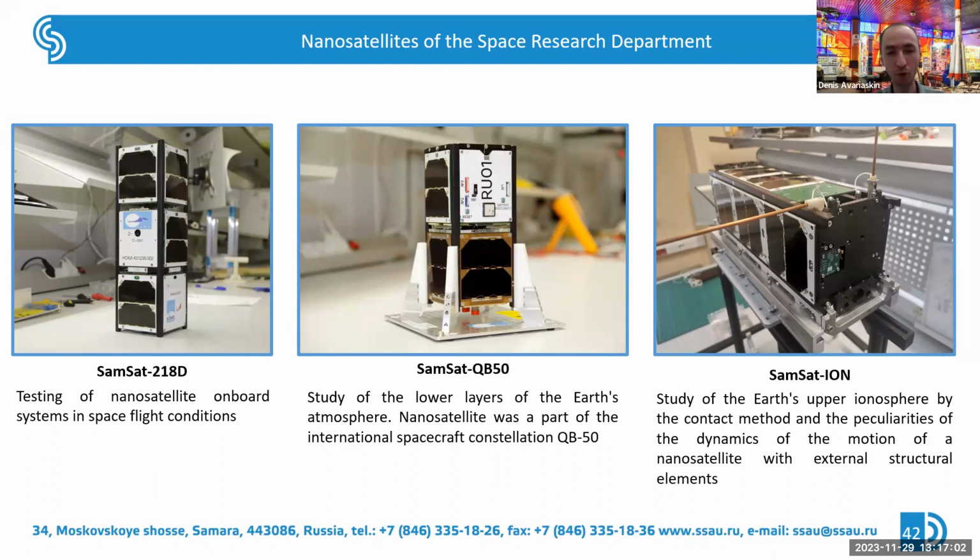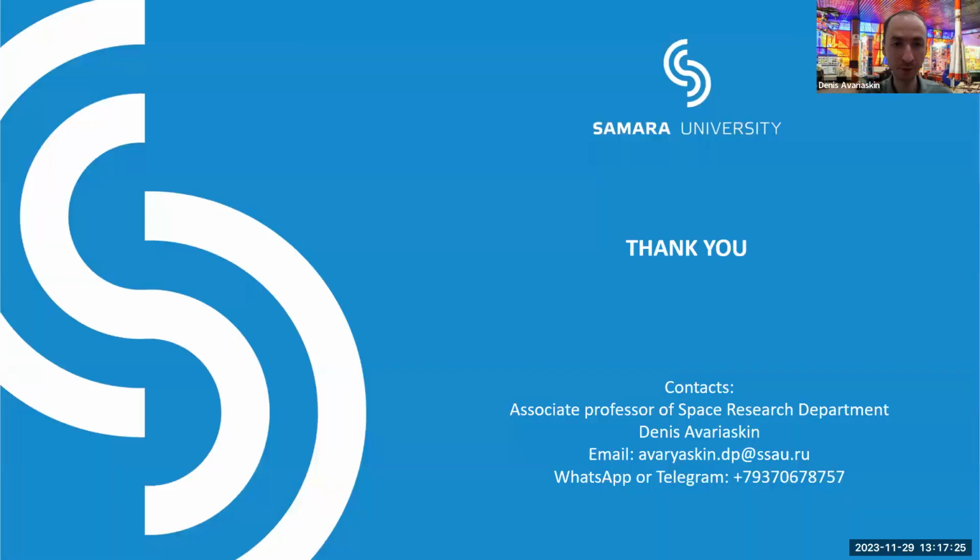SAMSAT QB50 was to study the atmosphere of our Earth, and the first satellite 218D was to test our onboard subsystems. Our first satellite was very simple because we wanted to be sure that all the onboard subsystems that we made work.